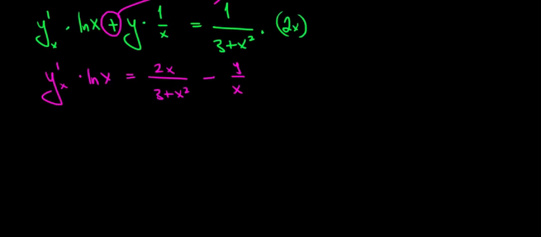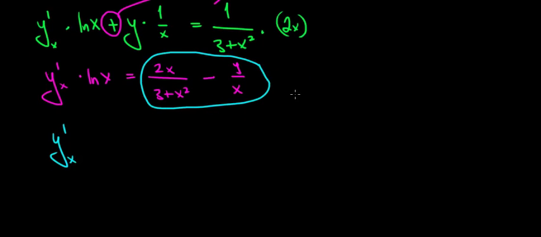So we would have y derivative with respect to x. And now let's divide both sides by ln x. So this whole thing we're going to divide by ln of x, and this also we divide by ln of x, which means that if we divide a subtraction by ln of x, we will divide the first term by ln of x and the second term by ln of x.